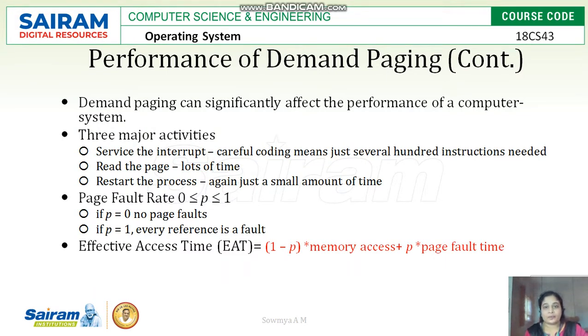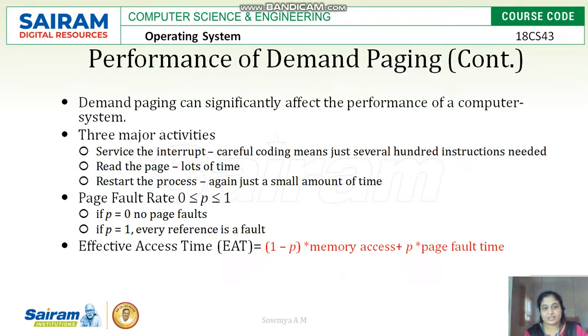How is this calculated? Demand paging can be significantly affected by page faults, because of which its performance is majorly reduced. The three major activities are: service the interrupt, read the page, and restart the process.